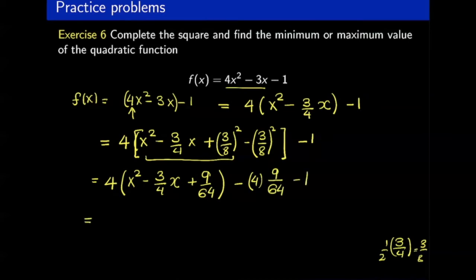So these three terms become the perfect square of x minus 3 over 8, squared.